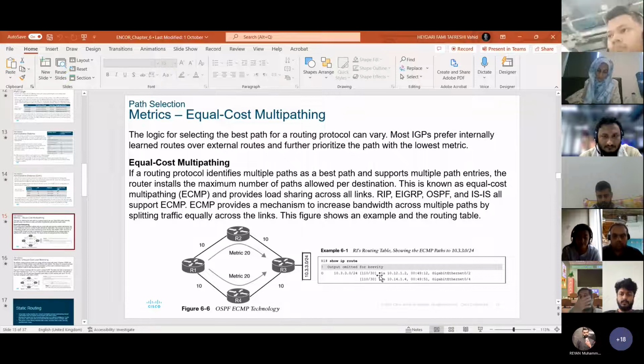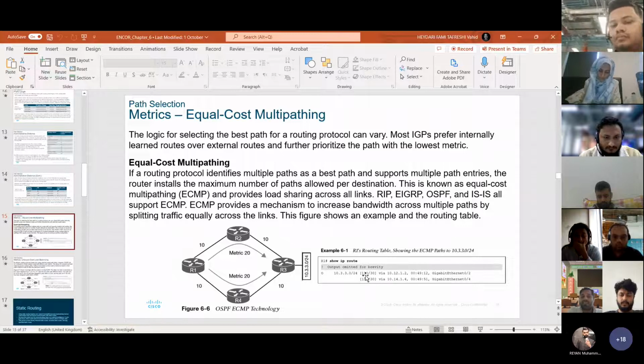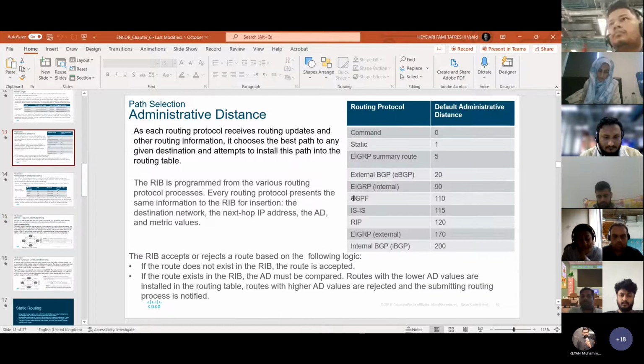Remember, not all routing protocols support multipathing or load balancing. EIGRP, for instance, supports it. OSPF, for instance, supports it. With OSPF here, this 110 is the administrative distance. Go back to this slide if you remember. For OSPF, the administrative distance is 110.